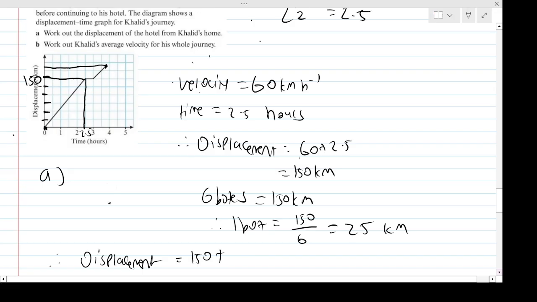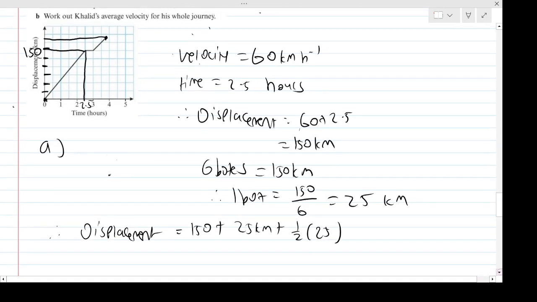Okay, so 1 box is 25, and then a half of 1 box is going to be half of 25. And so if we work that out, 150 add 25, add a half of 25 is 187.5 kilometers. Okay, so this is 187.5 here, which is the displacement at the end, just by reading off the graph, because the scale goes up in 25s, as we saw here. So that's just reading off the graph.